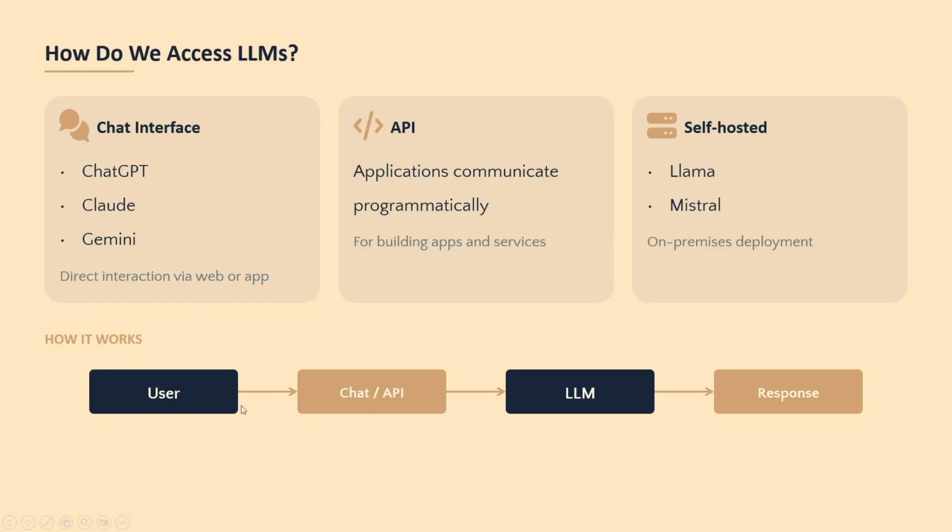Say how it actually works, the user will write the program through the API that will interact with the LLM. That LLM can either be on the internet like the chat interface that we have, or it can be within our own machine like Llama or Mistral, and through that LLM we can get the response.